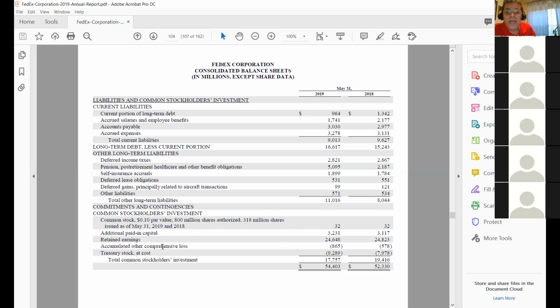We know additional paid in capital, retained earnings. We remember way back learning about accumulated other comprehensive income or loss, AOCI.